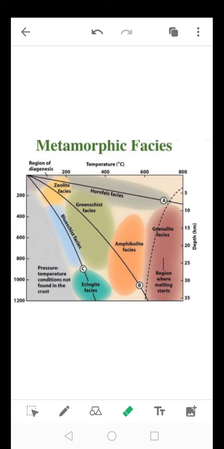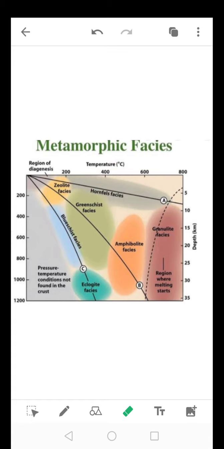Metamorphic facies is a geologic term for a set of mineral assemblages in metamorphic rocks formed under similar pressures and temperatures. So a metamorphic facies is a group of mineral assemblages, and those mineral assemblages tend to be formed at similar temperatures and pressures.